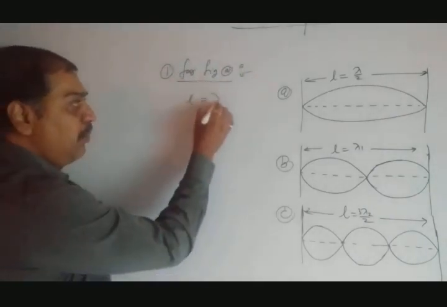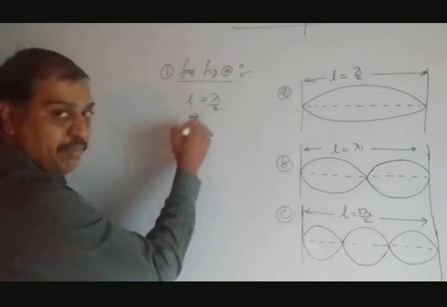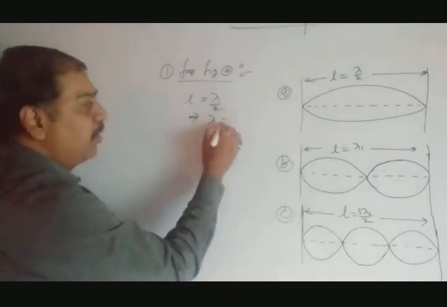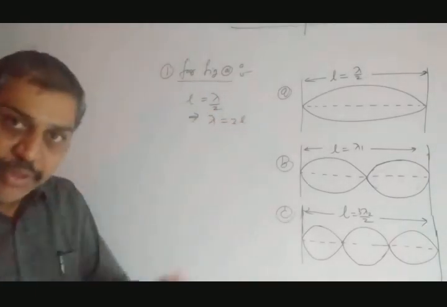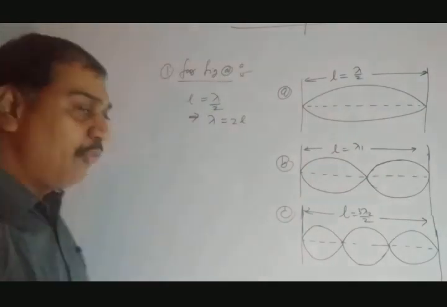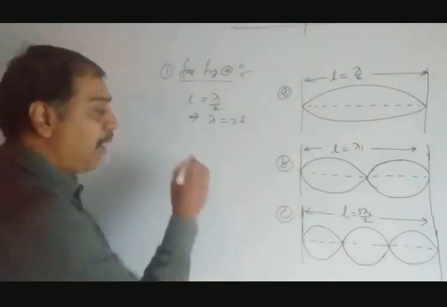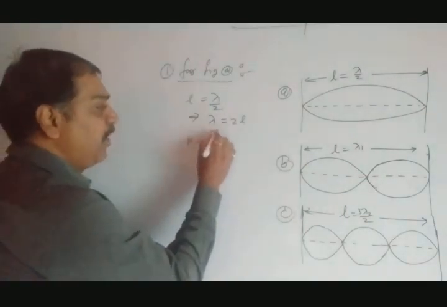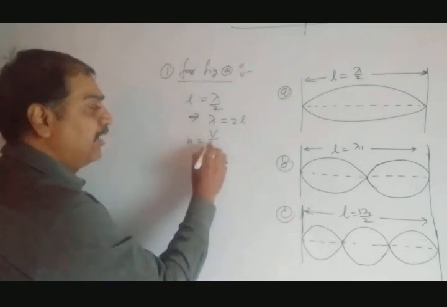L equals lambda by 2. This implies that lambda equals twice L. And we know the formula V equals N lambda, so N equals V divided by lambda.